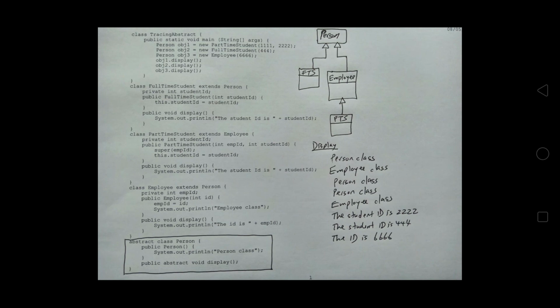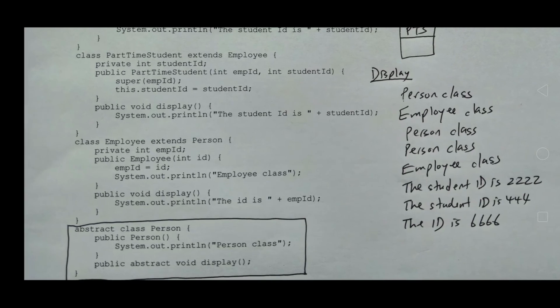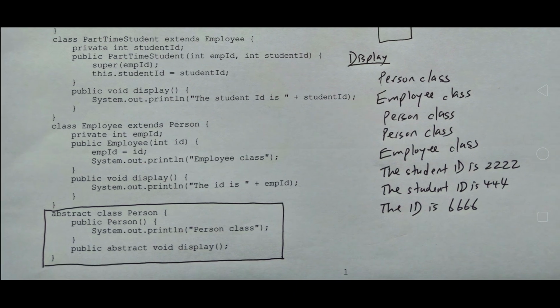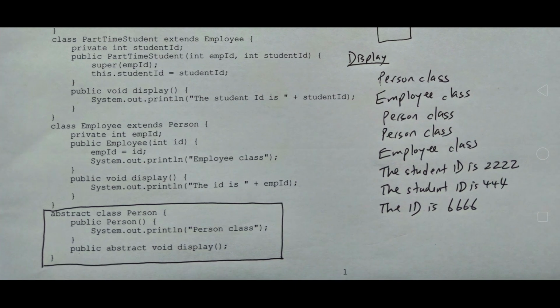In the with-argument constructor in part-time student, 111 will go into the variable employee ID, but the employee ID will be passed to the superclass constructor of part-time student, which is Employee. So what happened here? The compiler will go to the with-argument constructor of Employee, send in the employee ID, and then print the first line.